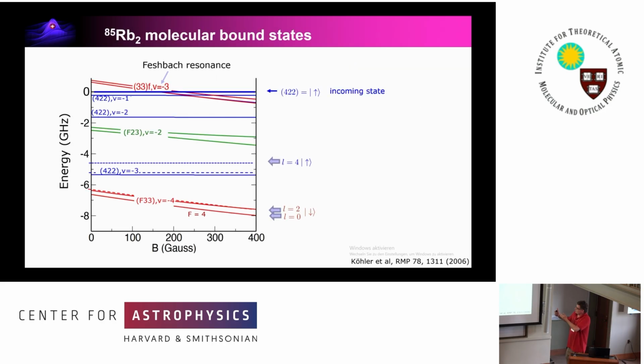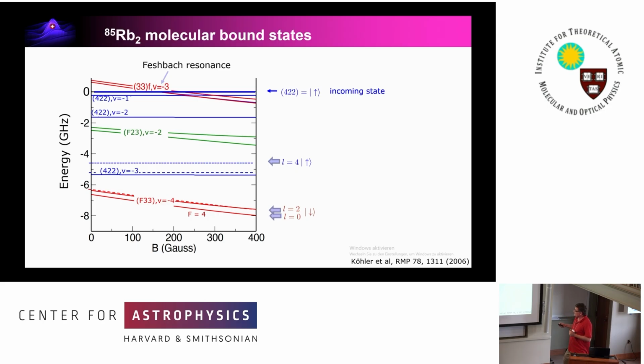And this is what it looks like now in terms of levels. Here you have the magnetic field in Gauss. These are the binding energy of the molecules that we produce. This is binding energy 0, and up here, at 0 energy, you have the incoming state, which we just call spin up. And so wherever you see a blue line, these are spin up molecules.